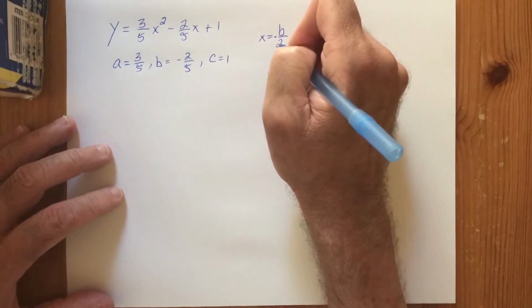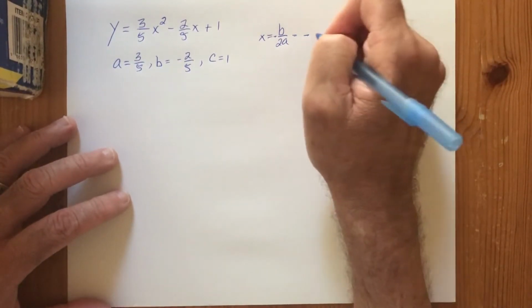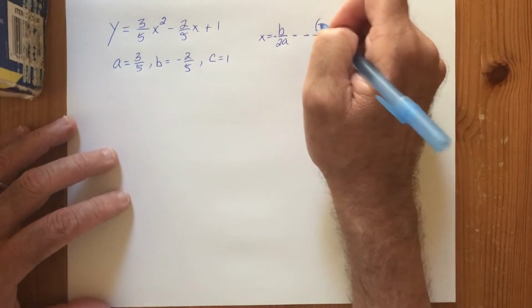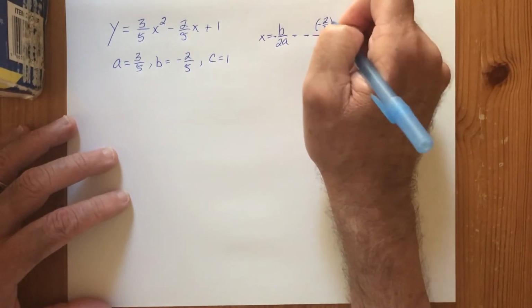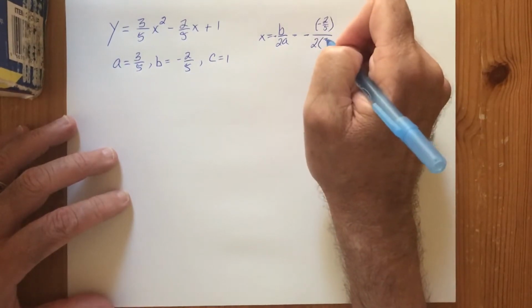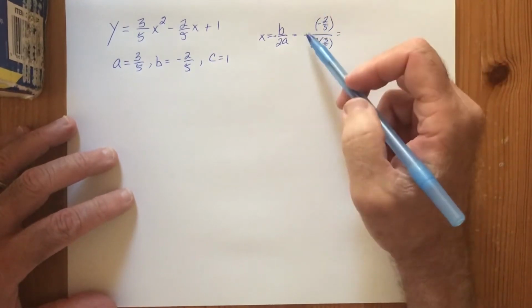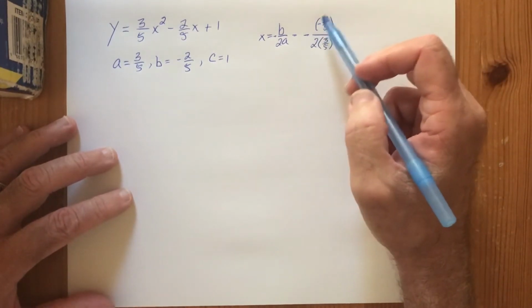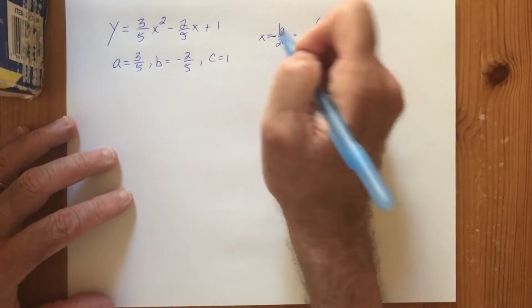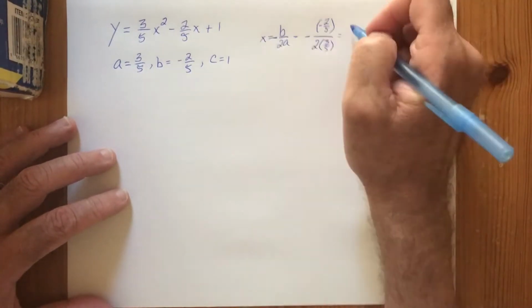So we use our equation to find the x-coordinate of the parabola again, which is negative b over 2a. If we put numbers into this, b was negative 2/5, and a is 3/5. Because we have a minus sign out in front, and another minus sign here, those will cancel.